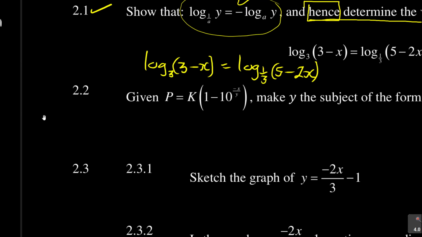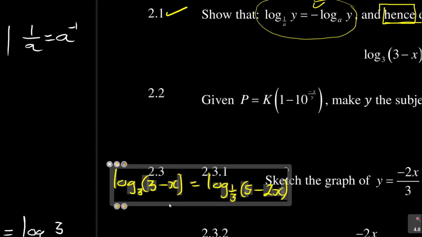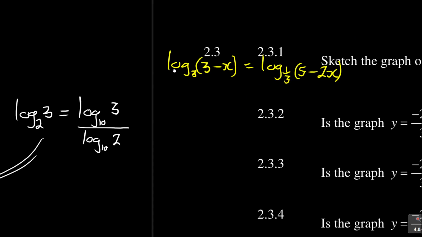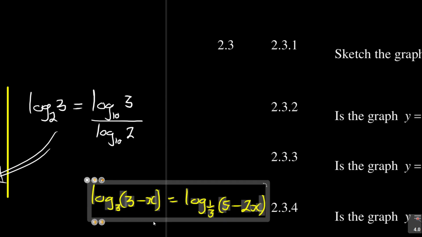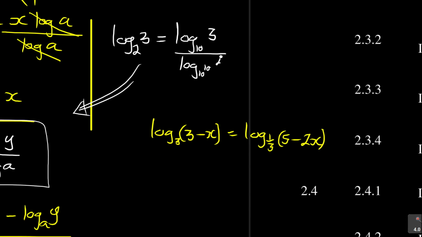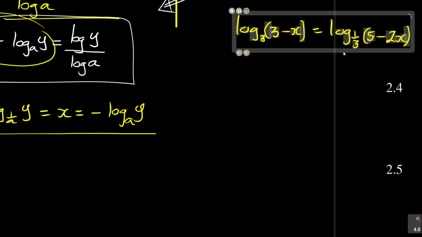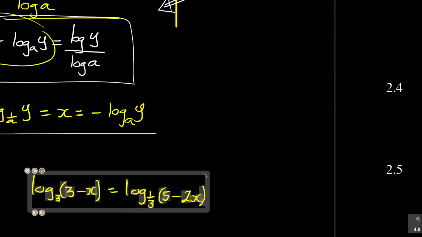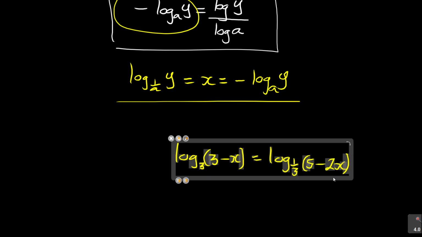So if I can then take this further down, remember it says hence, so I just want to take it along to where I've been working out this thing so that it can now make sense. I'm just bringing it along here. Alright, so this is where I am now.